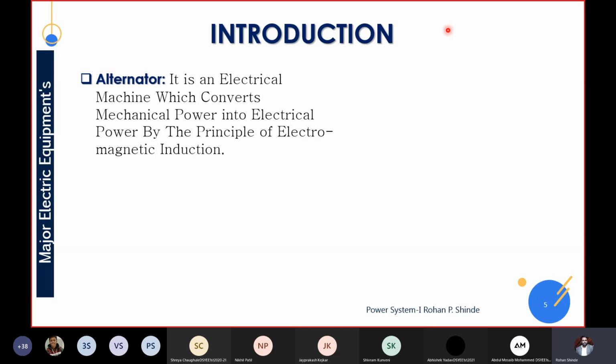DC and AC. Right. Now, rotatory machines are of two types, AC and DC, right.